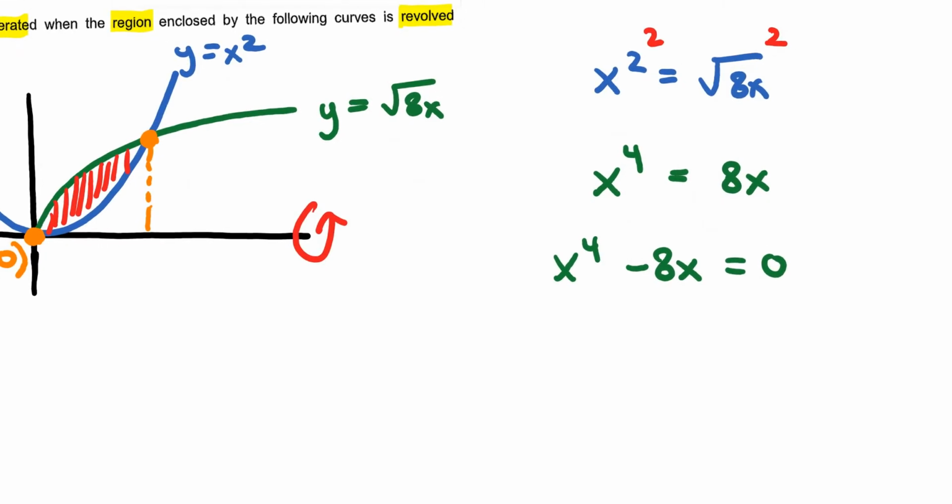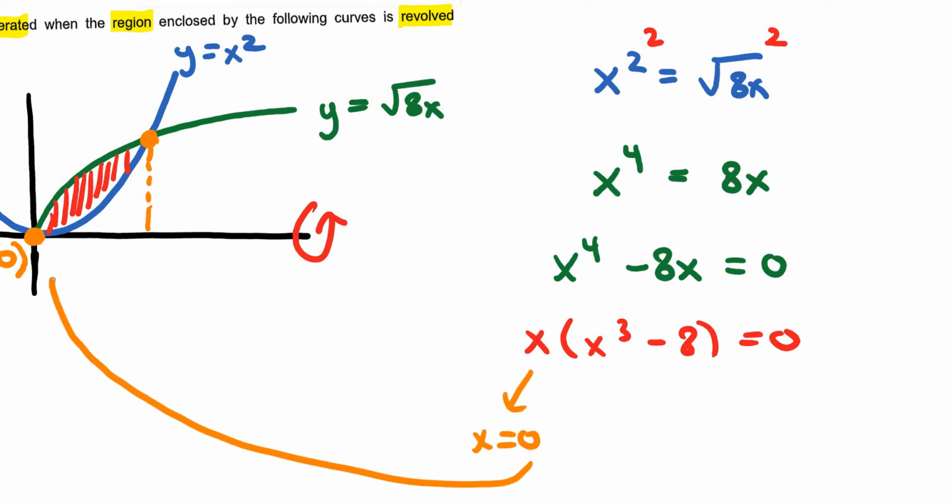From there, I would go ahead and factor out one of the x's, so that would be x times x cubed minus 8 equals 0. Then this x would be x equals 0, which is the 0 at the origin there. And if I set the other factor equal to 0, that's going to be x cubed equals 8, and x would equal 2.